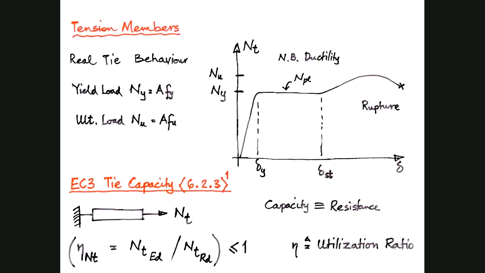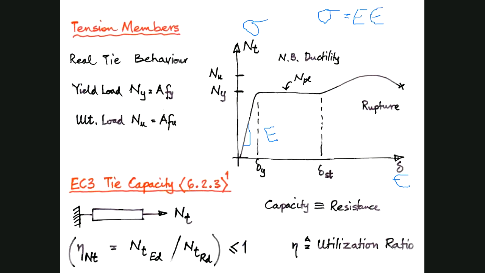Hooke's law tells us about the proportionality between stress and strain. If this was stress up here against strain down here, then stress is equal to Young's modulus times strain.